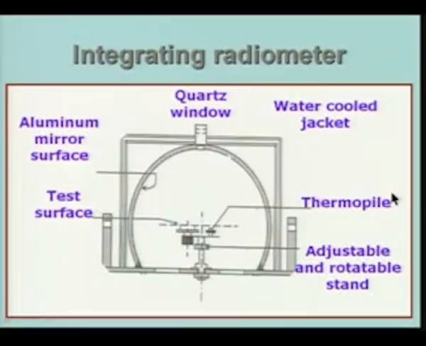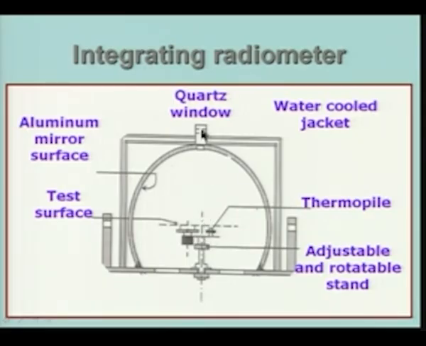Let us look at the operating principle and describe what is going to happen. We have essentially an aluminum spherical surface with a mirror finish on the inside, and I am going to have the test surface and the detector side by side like this.